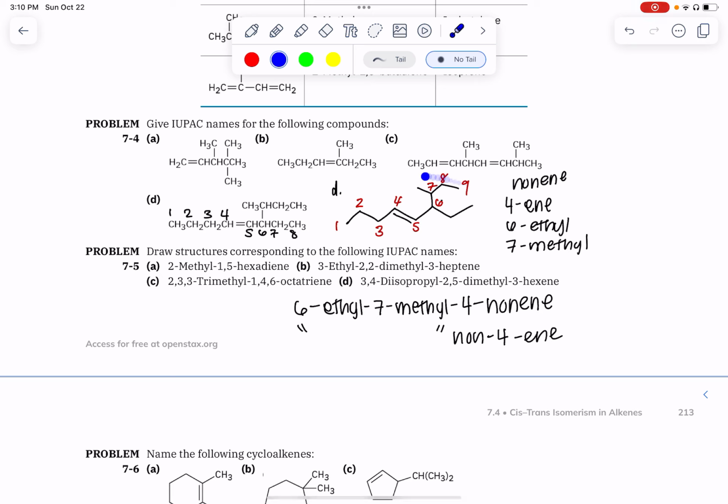And then go back and number it for real, making sure that your lowest locant is given to your ene, and then your longest chain is found. If there's a tie, we can look at other substituents and then see what those substituents, if they're better off from the left or from the right. And then just going in and numbering our chain and then finding where our substituents are, making a little list, and then compiling that list based on alphabetical priority.